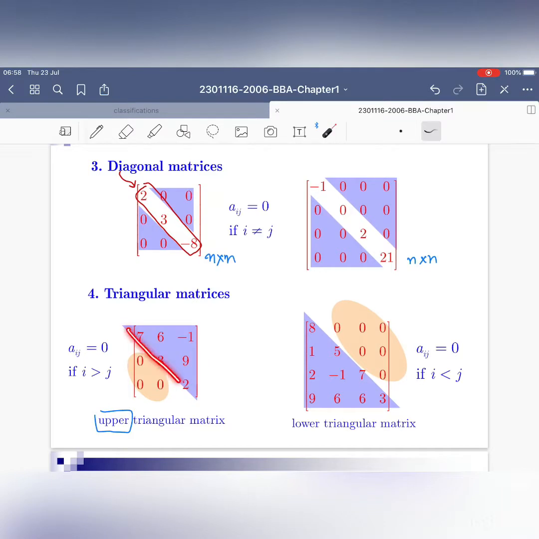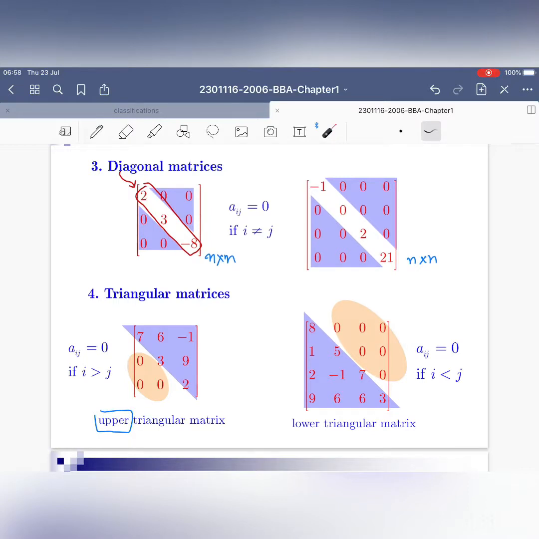So it looks like these elements accumulate up there. The ones outside the main diagonal and the upper part of the main diagonal are all zero. So it means that when i is greater than j, your aij are all zero, okay. This one is the so-called upper triangular.